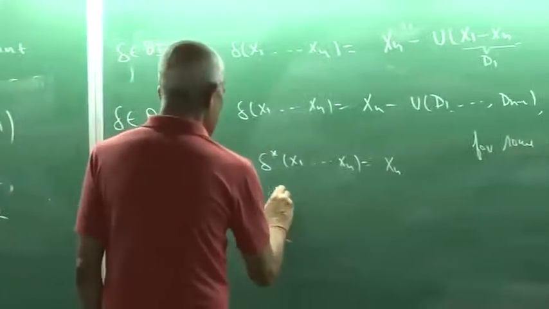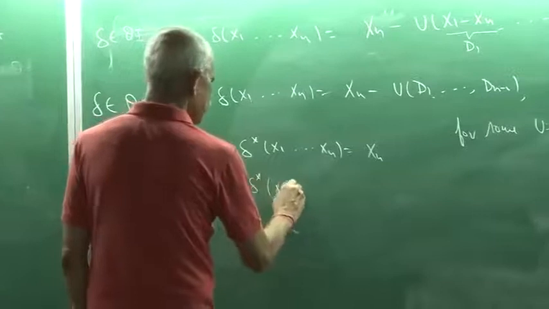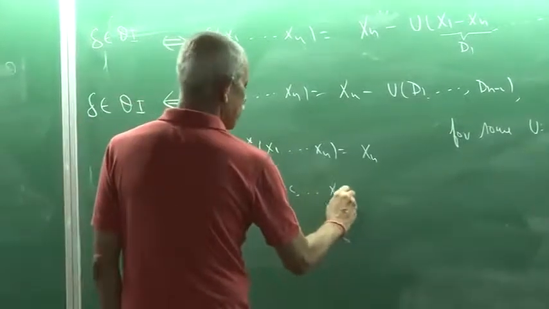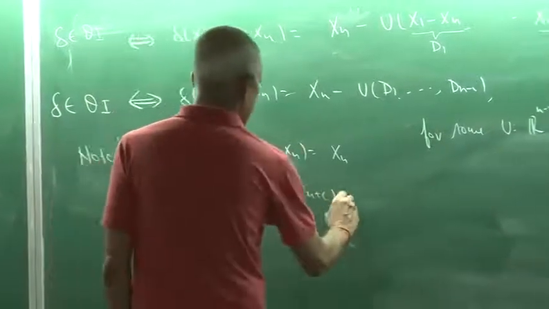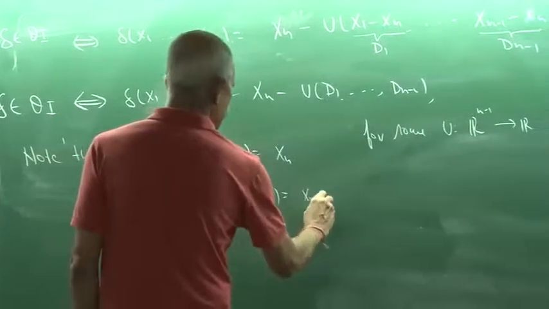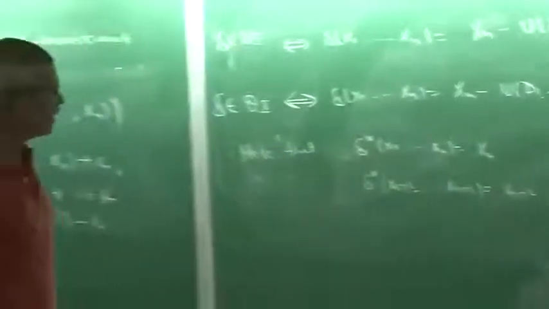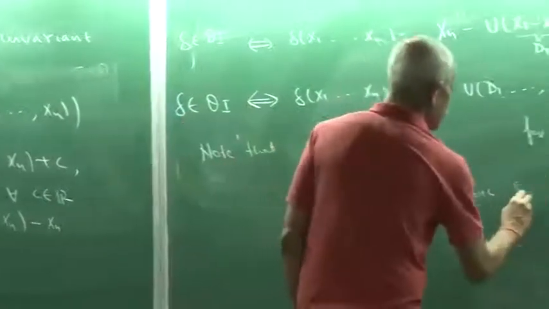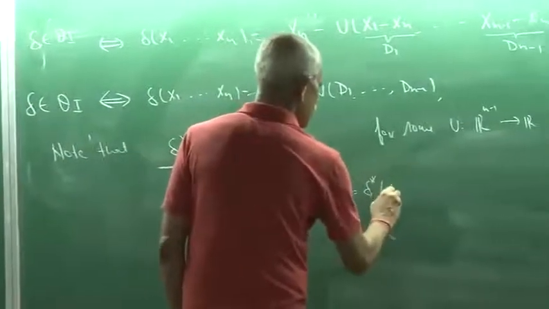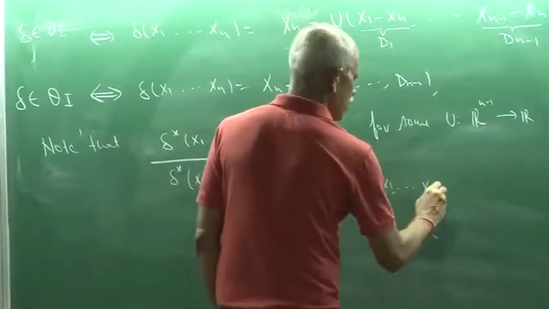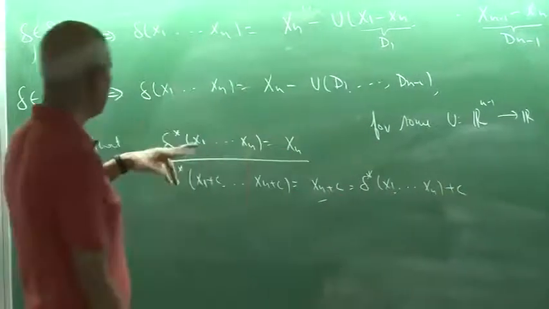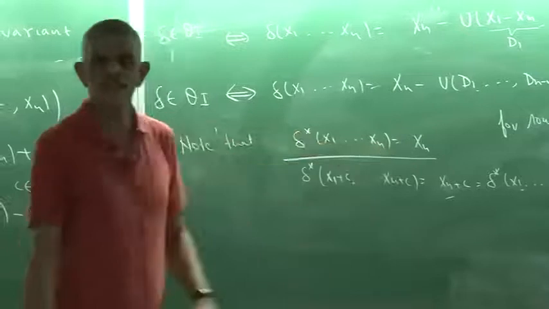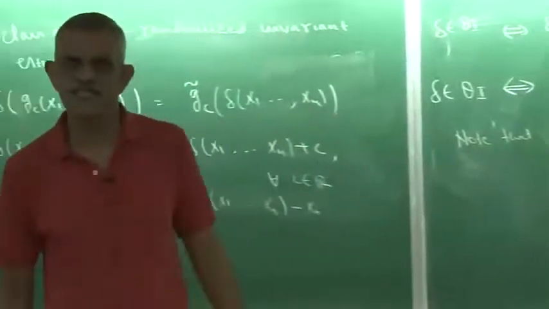Let us look at delta star of x1 plus c, ..., xn plus c. This is nothing but the last component, xn plus c, which is the same as delta star of x1, x2, xn plus c. So what does that mean? Just xn alone as an estimator is invariant under G. This happens for every c.